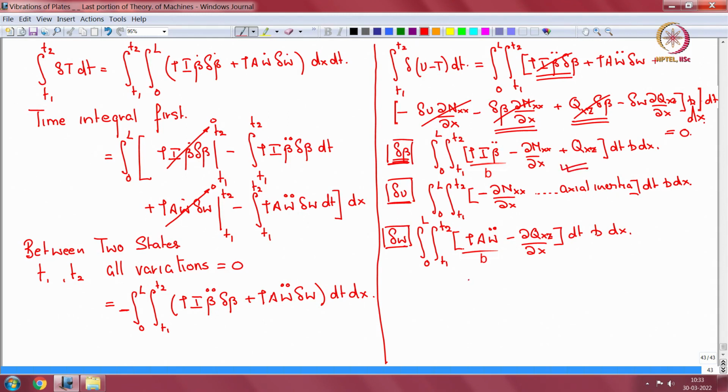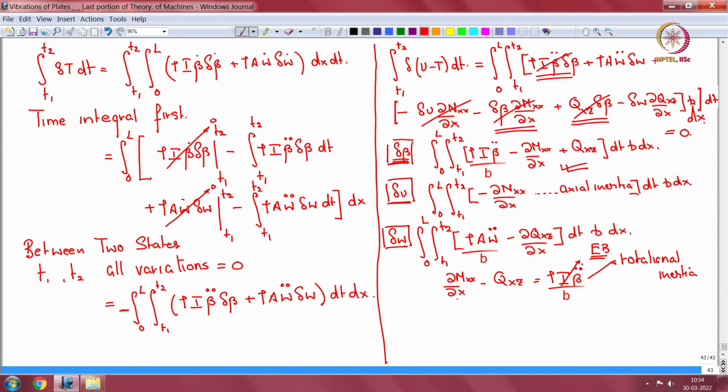So let's see, I have del mxx by del x minus qxz is equal to rho I beta double dot by b. This is the rotational inertia term, and therefore in the Euler-Bernoulli theory we ignore this.